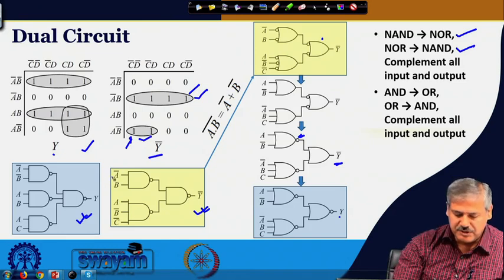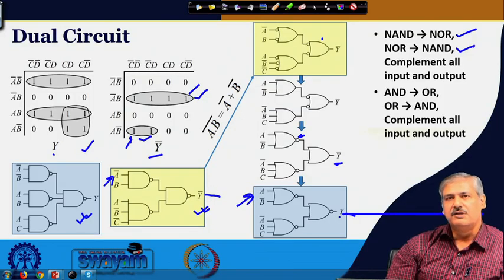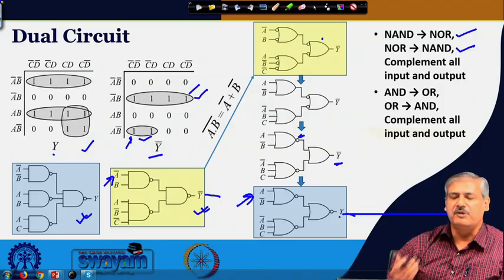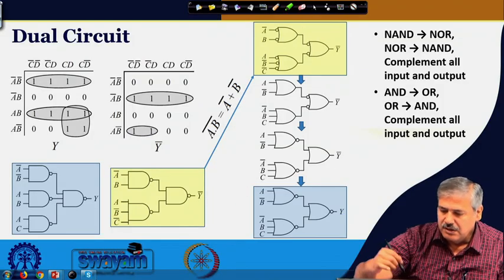These were the inputs you see. These inputs are complemented, and all the outputs are complemented. This output is also getting complemented. This is the way you can get a dual circuit. From NAND you can get NOR or from NOR you can get NAND, that means NAND is replaced by NOR, NOR is replaced by NAND, and all outputs and inputs are complemented.